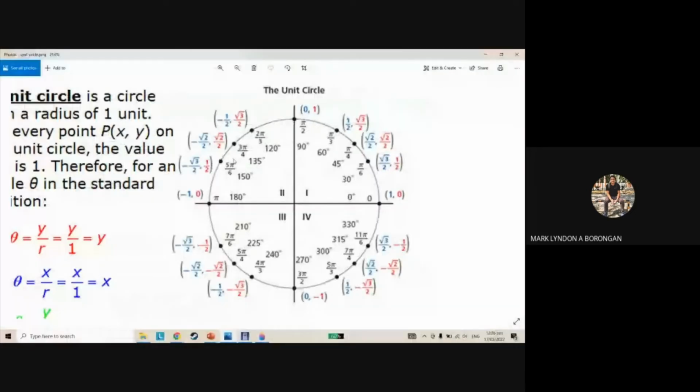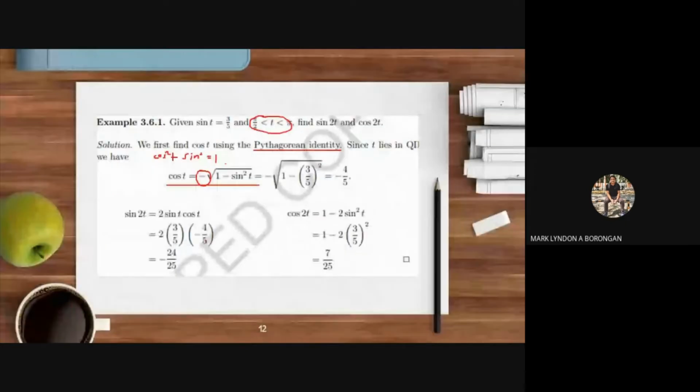In the second quadrant of our Cartesian plane, remember that x is always negative. Since x, or cosine, is negative, we put a negative sign here. That is the importance of identifying the condition given in our problem. Now all you have to do is substitute the values.